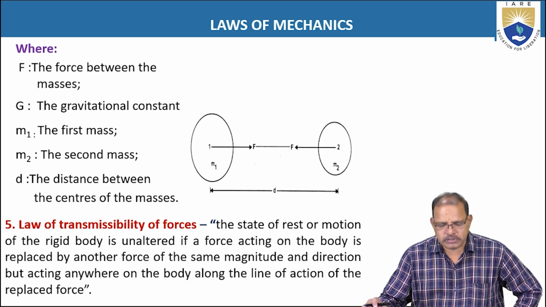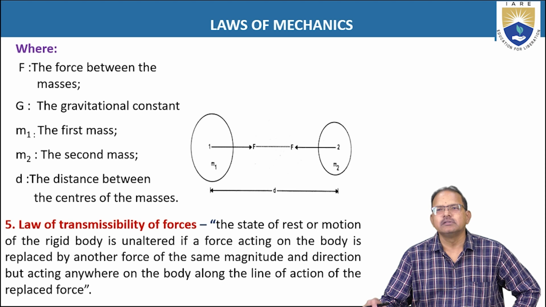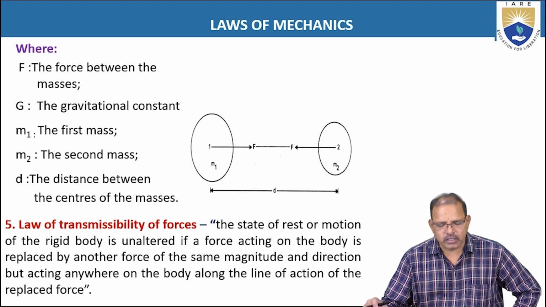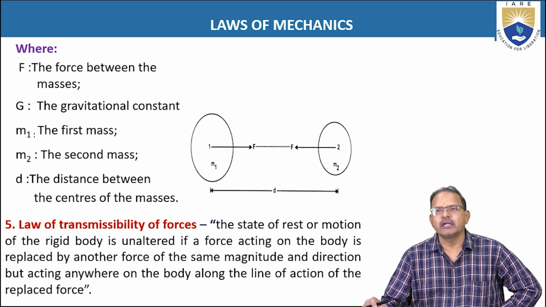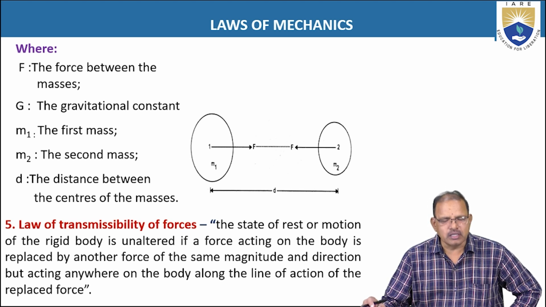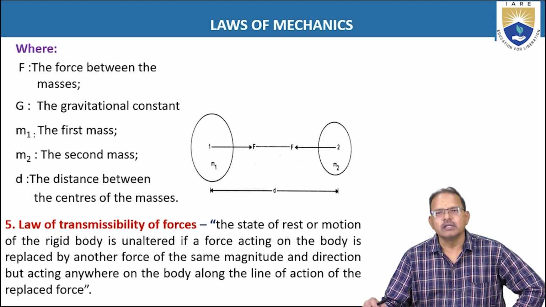Law of transmissibility of forces. The law states that the state of rest or motion of the body is unaltered if a force acting on the body is replaced by another force of the same magnitude and direction acting anywhere on the body along the line of action of the replaced force.